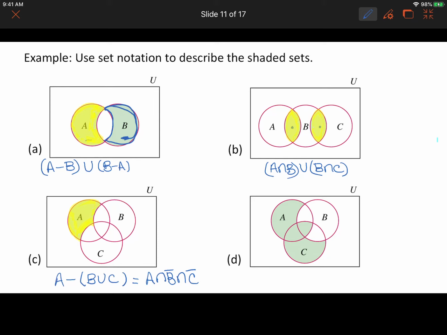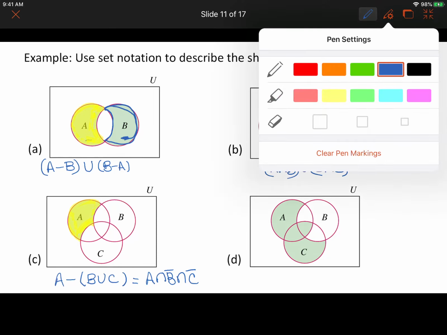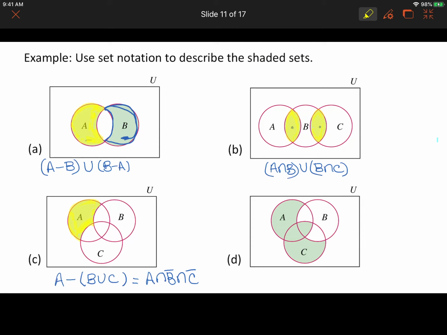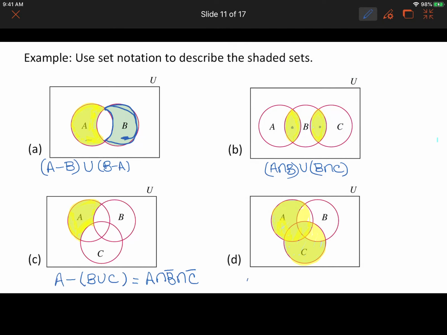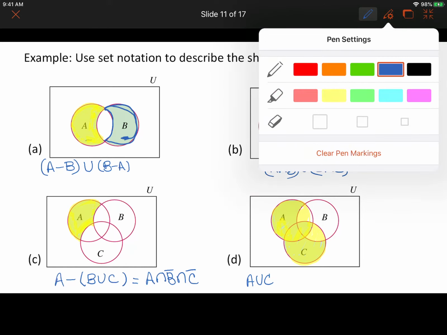Okay. All right. D is a little bit trickier, and there are lots of approaches to this one. Let me just tell you what I thought of doing. So if I were to shade all of this here, here's all of A, and here's all of C. So now this yellow region is A union C. But I don't want this little white bit.